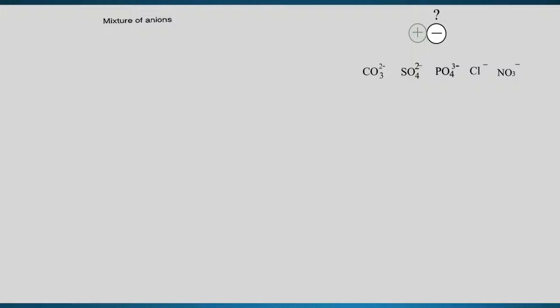Now let's do the negative ion test. We're going to identify whether they are carbonate, sulfate, phosphate, chloride, or nitrate. I put in a soluble H plus ion. If it contains carbonate, would it show anything different?